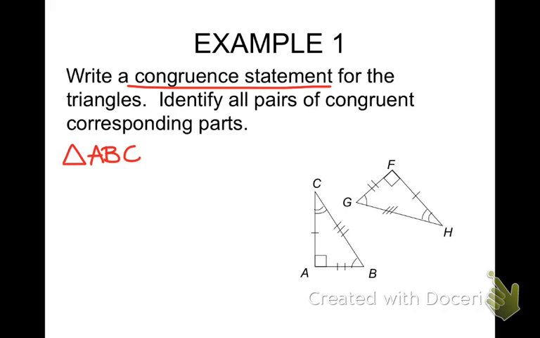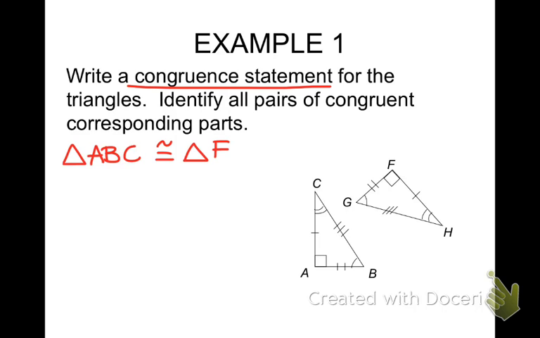All right, so now triangle ABC is going to be congruent to triangle. Now this is where it is super important that you have your matching parts in the same position in your congruent statement. Notice angle A is a right angle. What's the right angle over in the other triangle? F. So if I'm putting A first, then I should put F first over here.